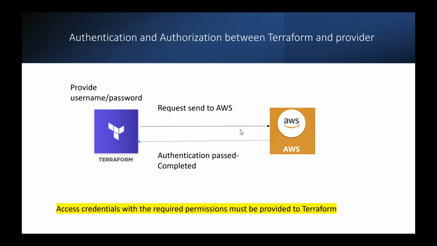However, we have to make sure that the access credentials we are providing have the required permissions to create a resource, destroy a resource, or modify a resource. Whatever we are trying to do, it should have the correct permissions, and it should be an authentic user.